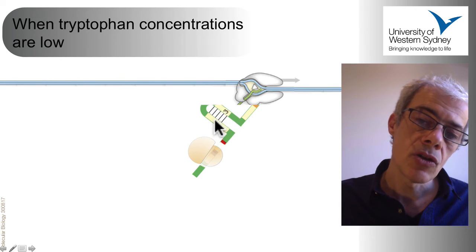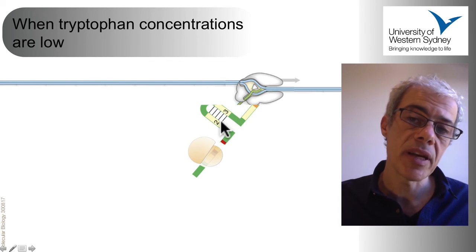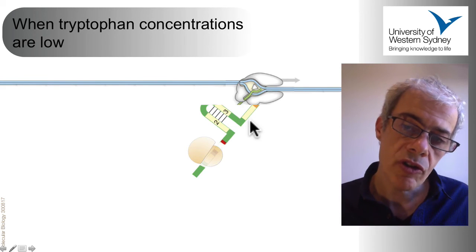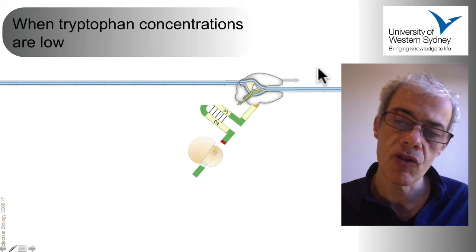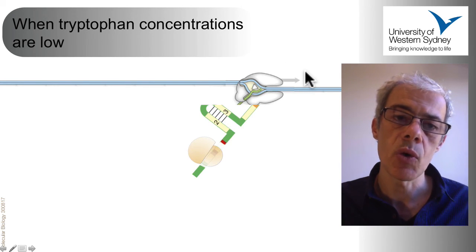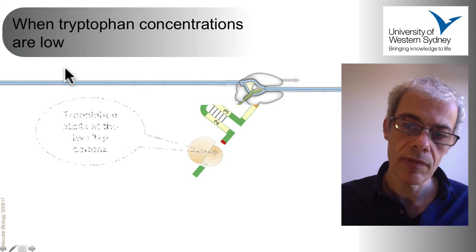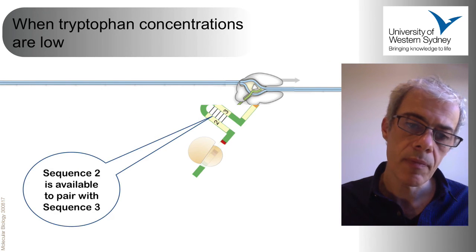This hairpin doesn't have the poly-U sequence, so it doesn't act as a terminator of transcription. Therefore, transcription proceeds, and the polymerase keeps transcribing, and it will transcribe those 5 genes required to make more tryptophan. So effectively the translation stalls because there's low tryptophan.